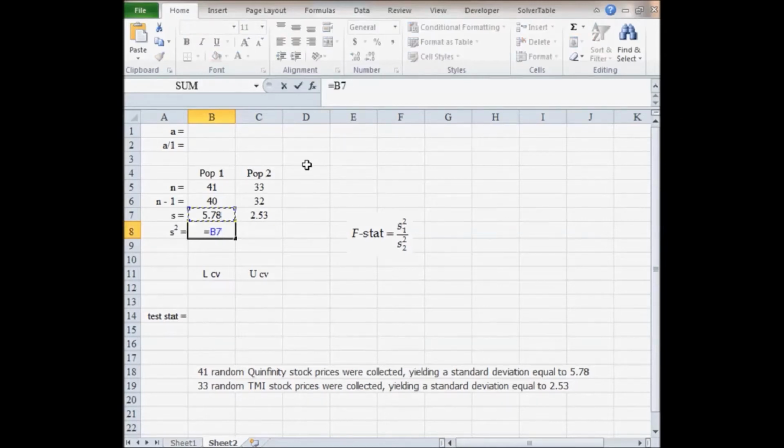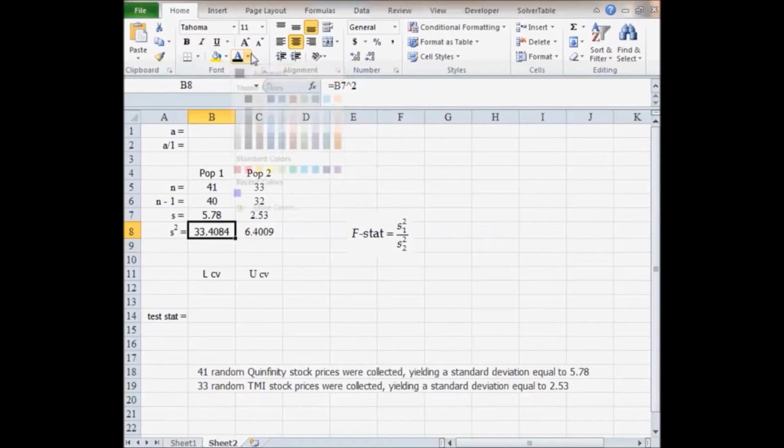The sample variance is the square of the standard deviation. So we'll repeat that again. Now, this 33.4084 is larger than that sample variance.